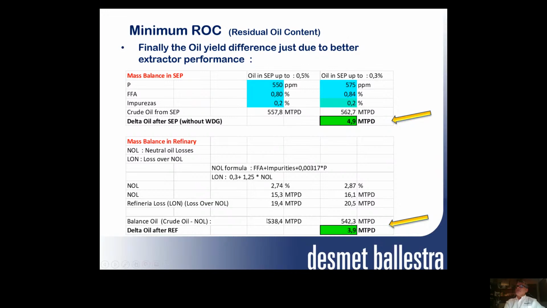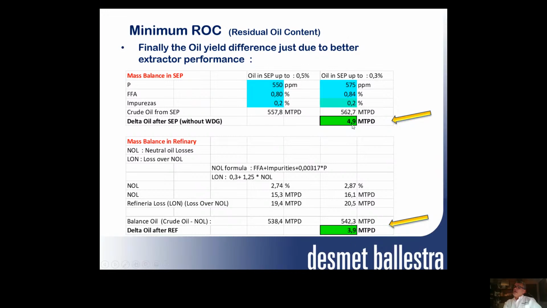We have that the difference is reduced, naturally, because the amount of phosphorus, phosphatides and free fatty acids is bigger. But at the end, there is still a benefit in the oil after refinery.